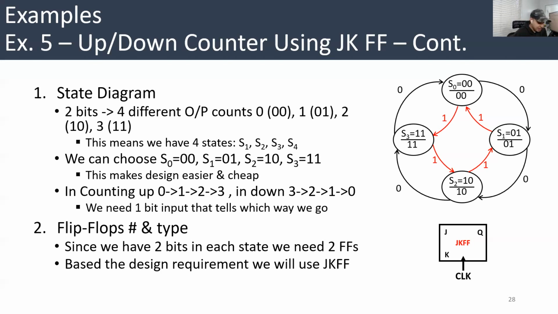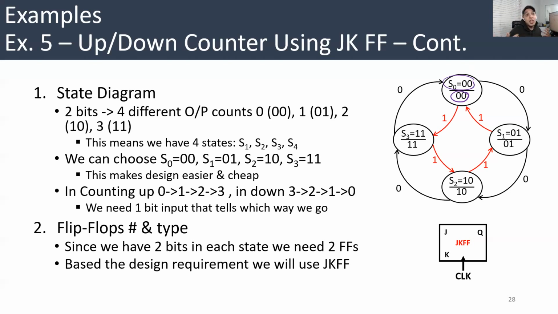Okay, same specs, everything is the same as the D flip-flop example of the up-down counter, but now using JK. We're going to use a Moore circuit in which the output is only dependent on the state, not the input X. We again have a 1-bit input to determine whether to count up or count down.